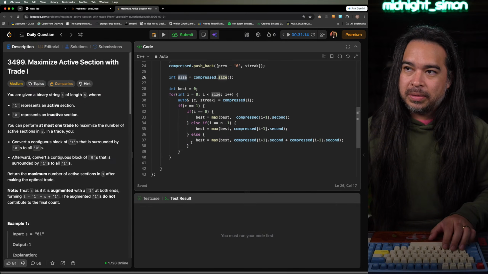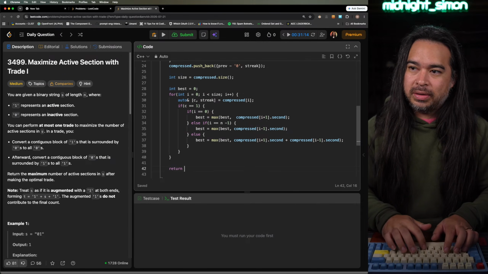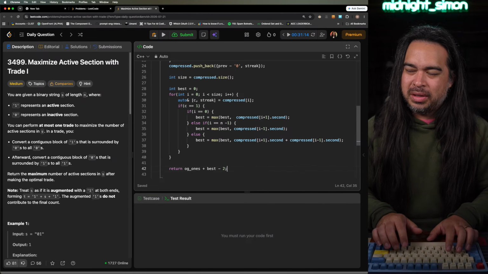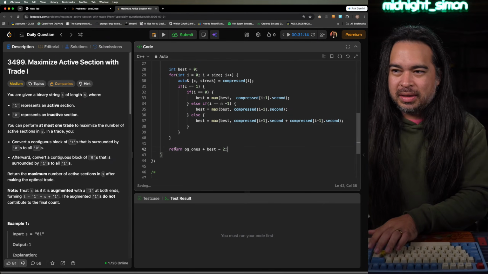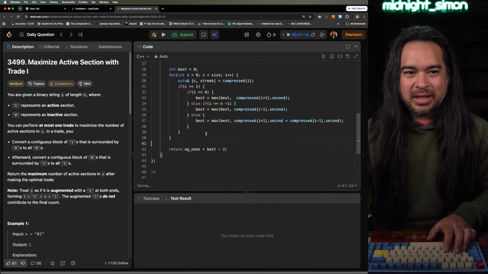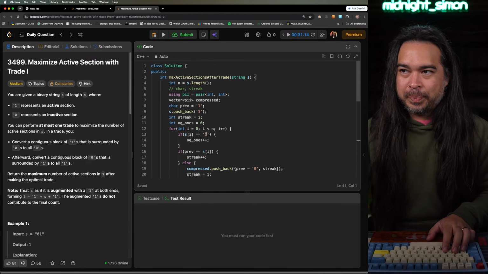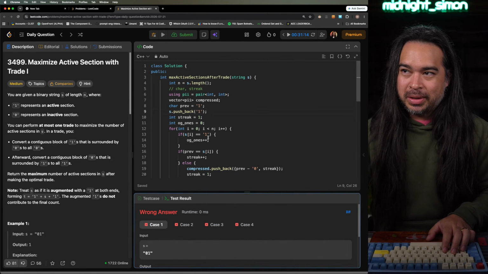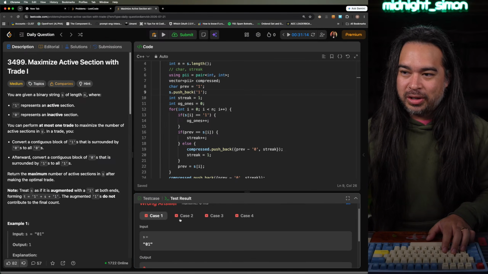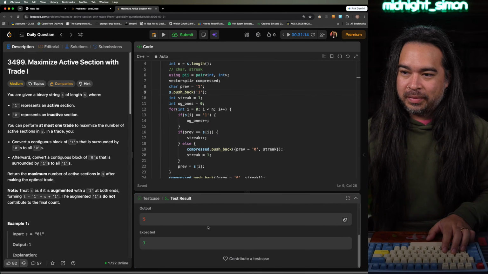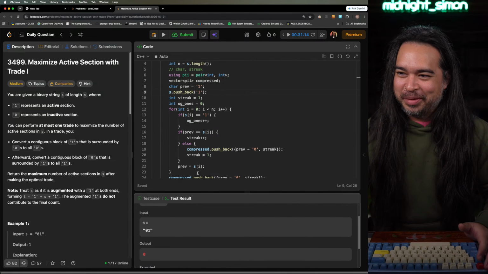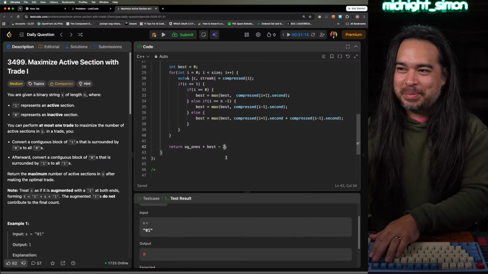So then now we can just return OG ones plus best minus 2, maybe. I think that's what they're telling me I gotta do, man. I'm not super confident with my code. Everything's wrong. Everything is too small. Small by 2.